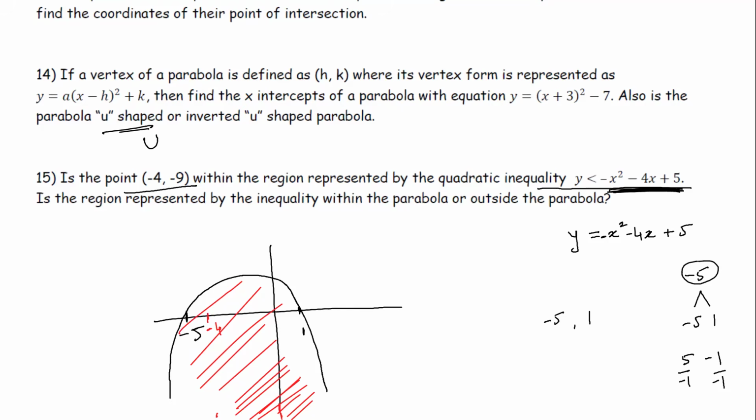So obviously the point is within the region. And is the region represented by the inequality within the parabola? It's within the parabola. So the point is within the parabola and the region is also within the parabola. And that's it.